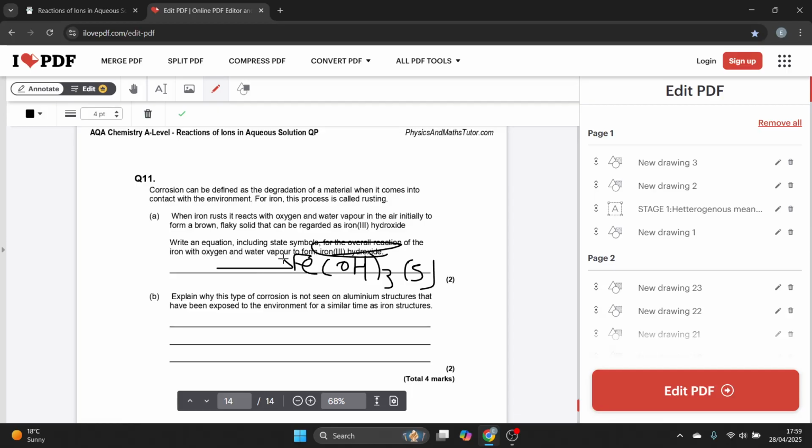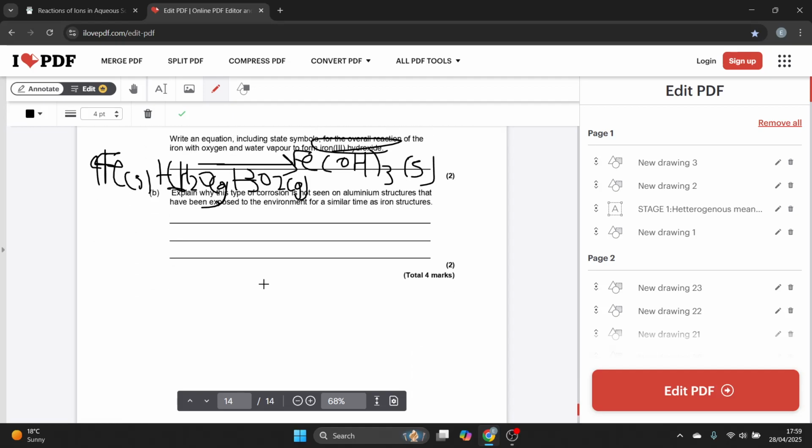This is definitely an old spec question, I think. So I'm going to have Fe solid plus water plus oxygen. And then you balance it. Should be a 4 here as well.